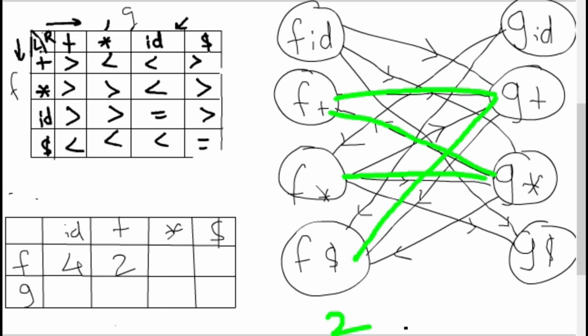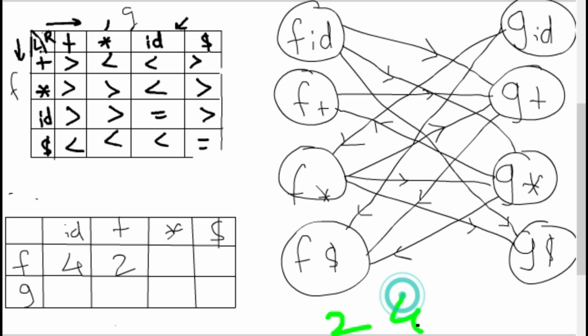Now there are 4 different edges, right? You can see 1, 2, 3 and 4. We took 4 edges to reach F dollar. So this is the longest path, and we can write 4 here. Now in case of dollar, there is no path going from dollar to anywhere else. So the answer will always be 0 for dollar.